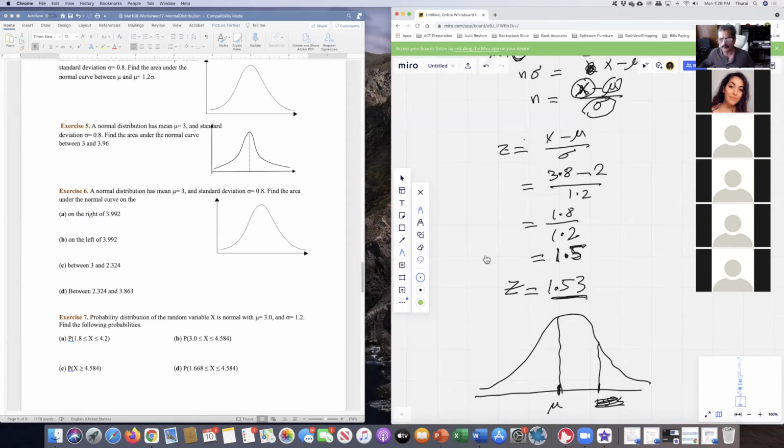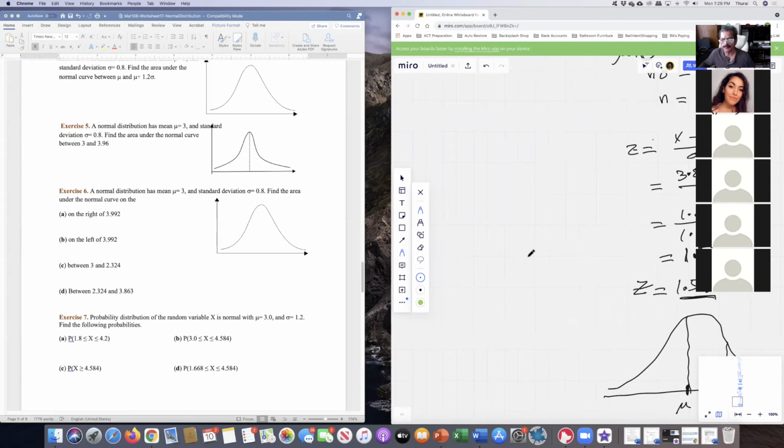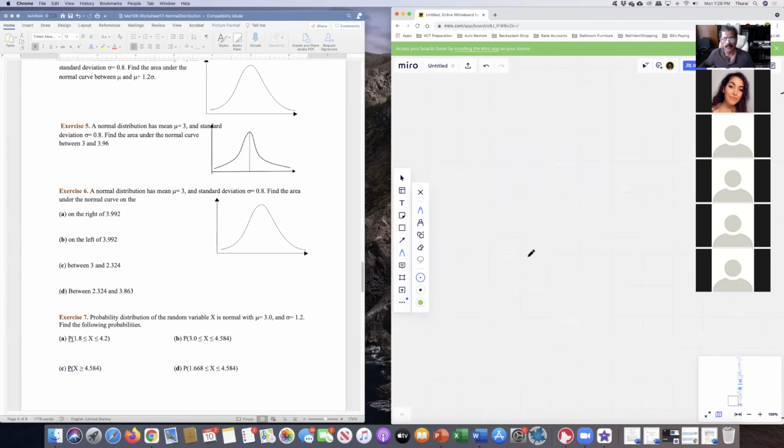All right, so let's do those problems now. On the right of 3.992. Okay, so exercise 6, part A, the value of x, the data, is 3.992.